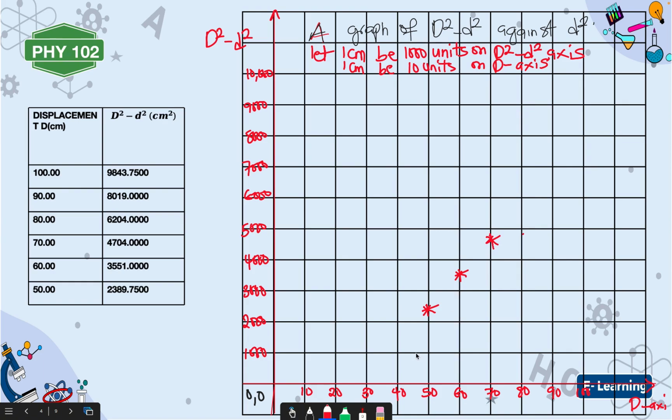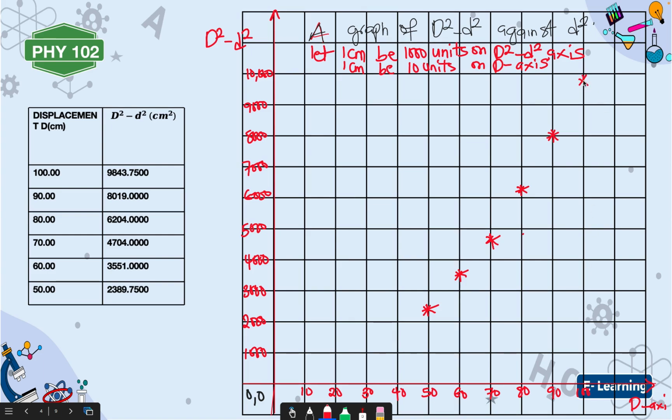The other one is 80, 6200, which is somewhere around here. The other one is 90, 8000, which is somewhere around here. The other one is 100, 9800, which is almost close to 10,000.